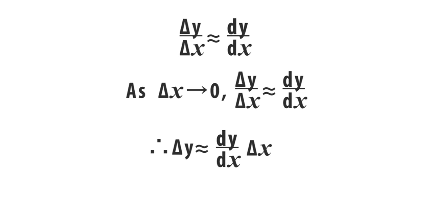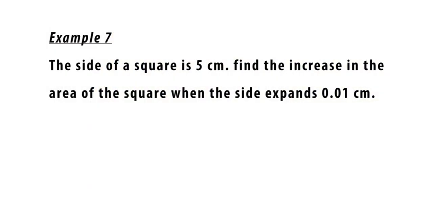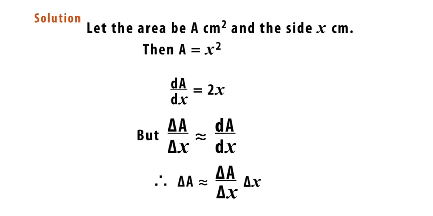Let's take an example. The side of a square is 5 centimeters. Find the increase in the area of the square when the side expands 0.01 centimeters. Let's take the solution. Let the area be A centimeters squared and the side x centimeters.